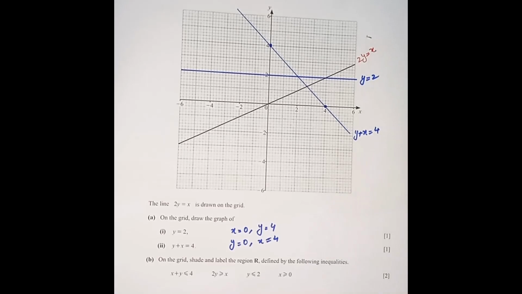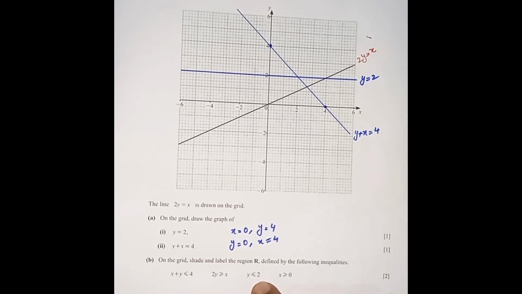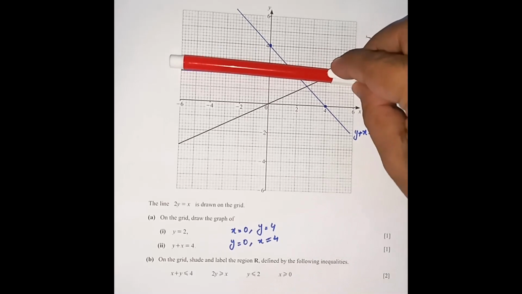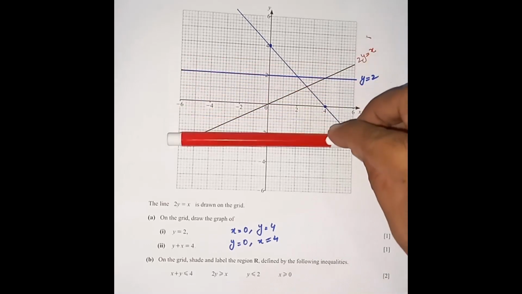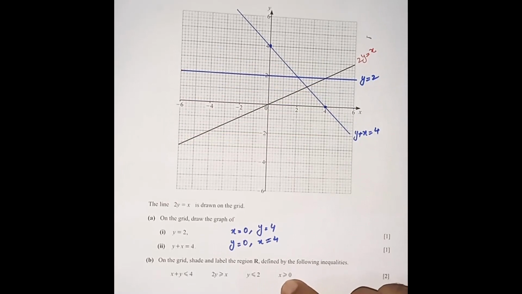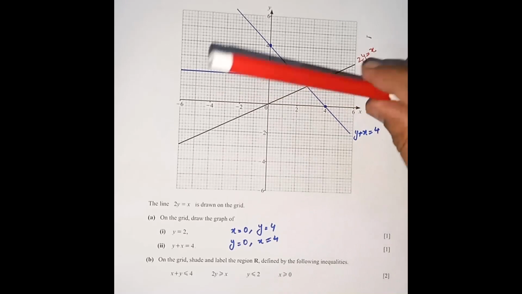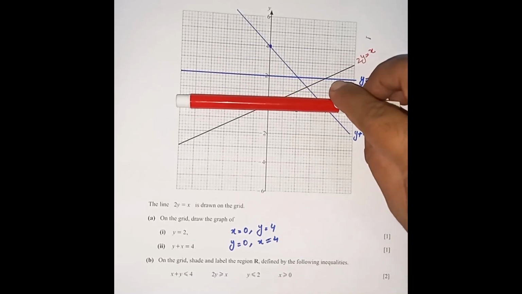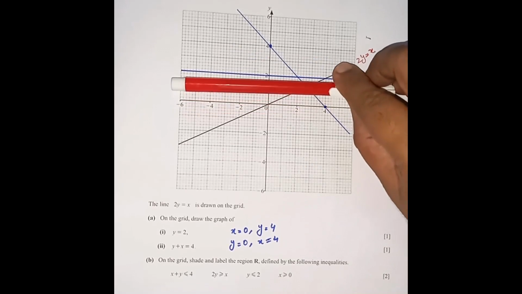And the third, y is lesser than and equal to 2. So y should be lesser than and equal to 2. X is greater than and equal to 0. So x should be greater than, like this.